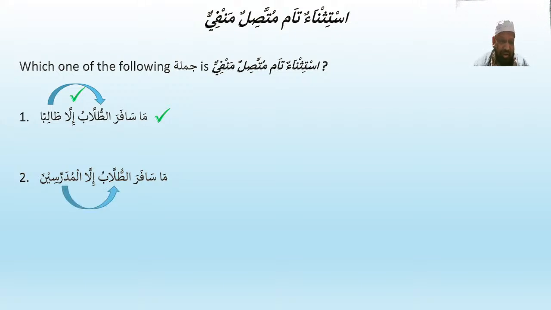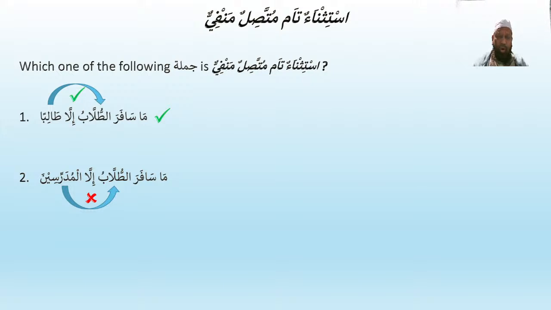Mudarris means a teacher. Mudarris, which is a plural, the jama mudhakkar salim, mudarrisina, is mudarris part of talib or tullab? No. Tullab is one group and mudarris another group. They are not part of each other. Right?